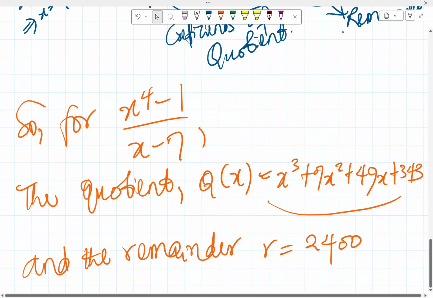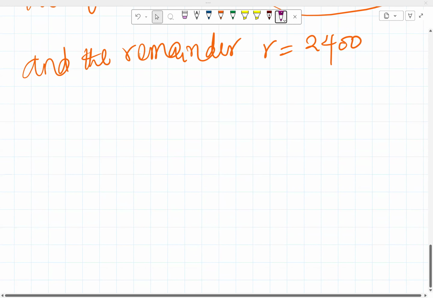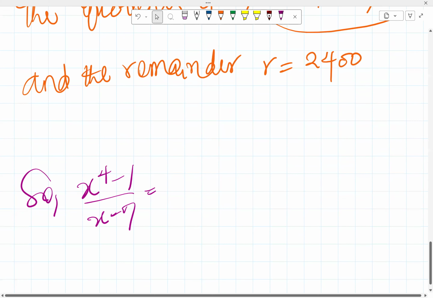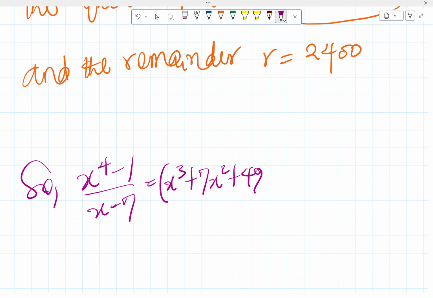So x raised to power 4 minus 1 over x minus 7 is equal to x cubed plus 7x squared plus 49x plus 343, then plus the remainder, that's 2,400 all over x minus 7.